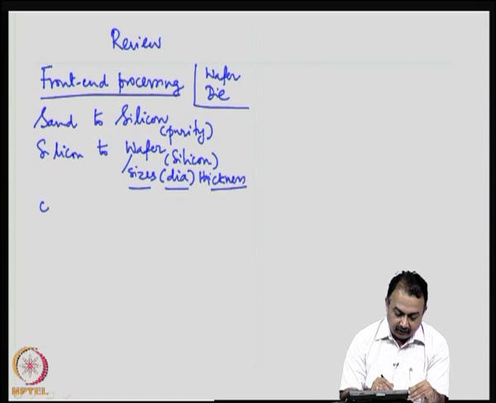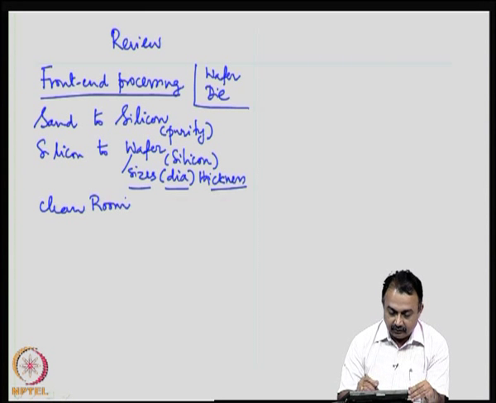We also briefly talked about clean room facilities, because as you know, we are working on very fine line widths. Typically today the standard in the industry is 32 nanometers. We are moving towards 22 nanometers, and maybe in 2015 we will be in 11 nanometers.